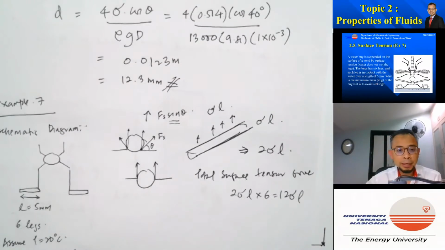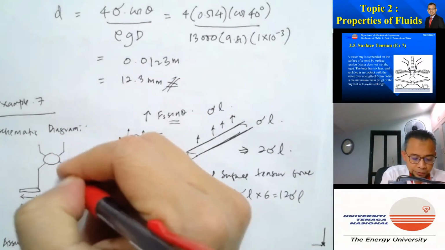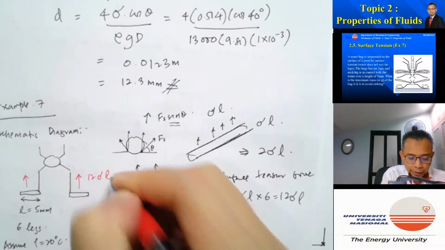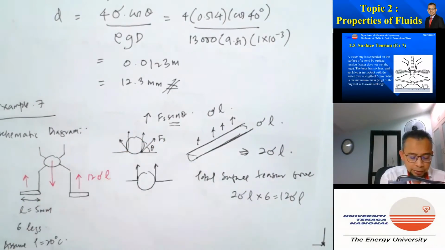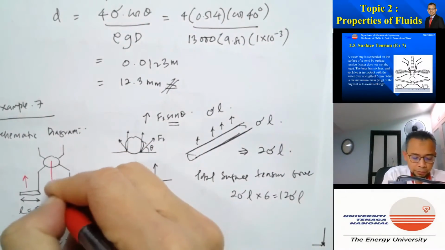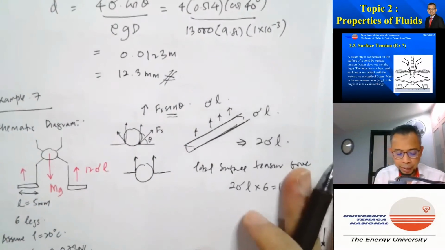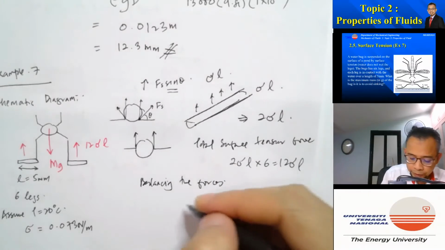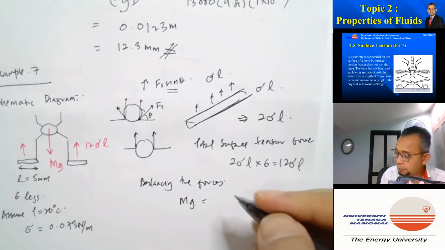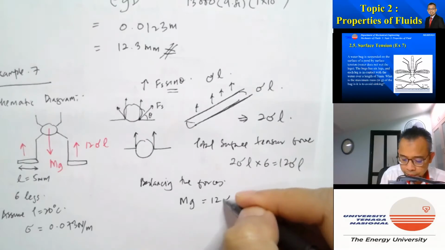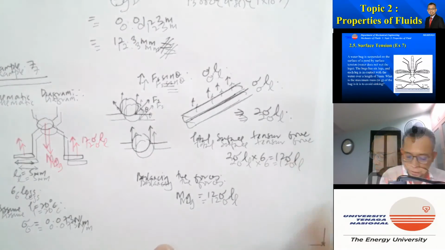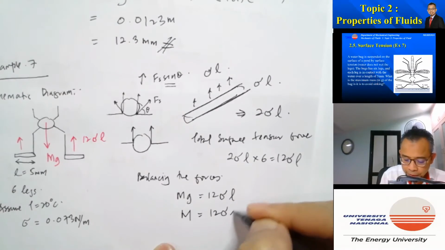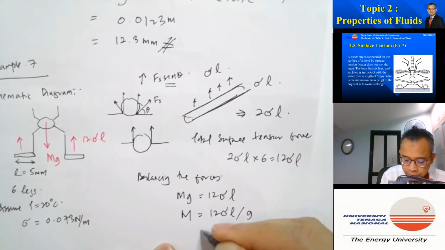If you consider the bug again, the surface tension force upward will be equal to 12 sigma L, and the weight downward will be equal to mg. So we can balance the force: mg is equal to 12 sigma L. So we can get m, which is equal to 12 sigma L divided by g.